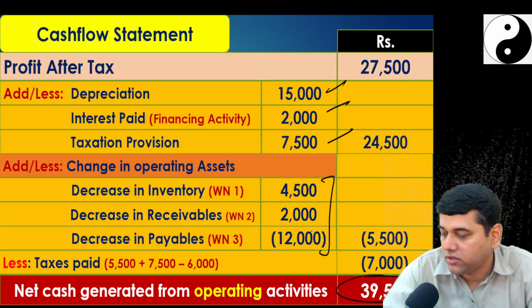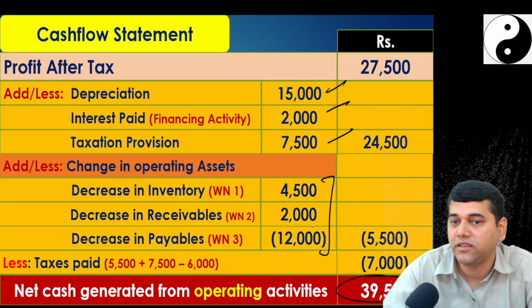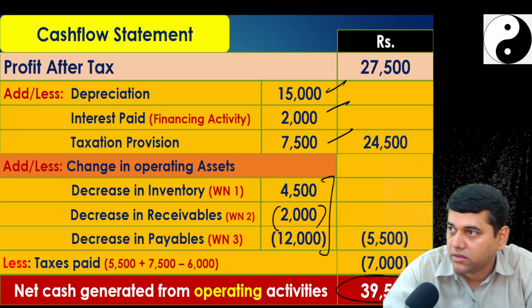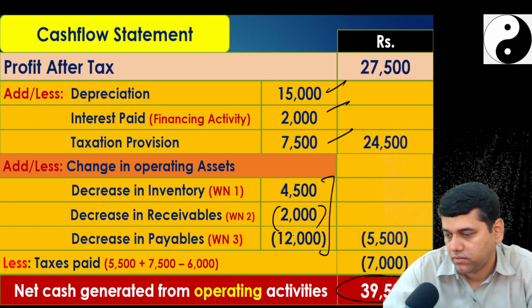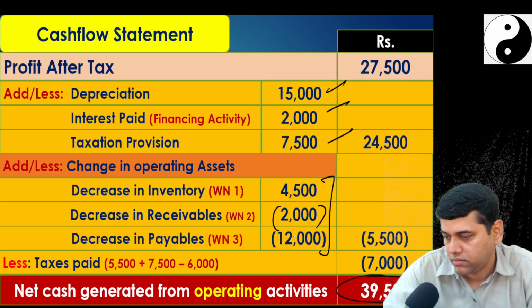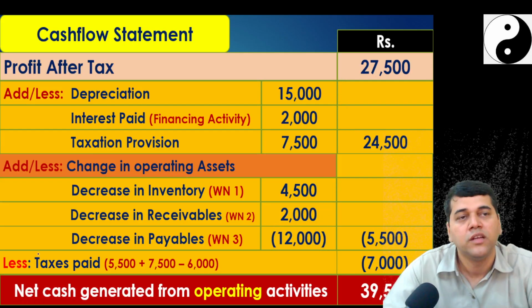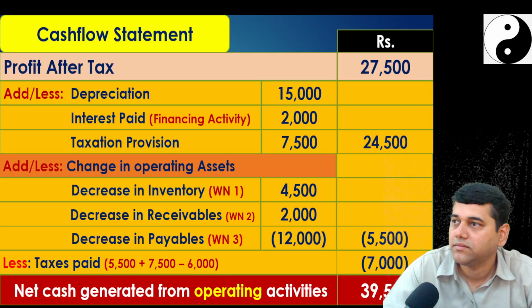Closing 27. So 2,000 is the increase, no? When the debtors are increasing, you will assume that cash has not been received. You are telling a negative balance. Yeah, closing is 27. Correct. Debtors reduced, cash came in. Correct, no?